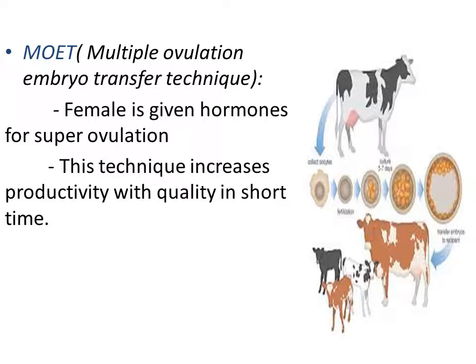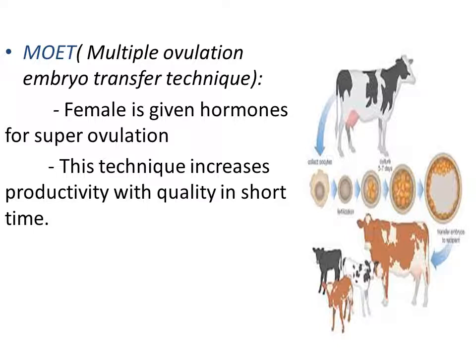Instead of forming one egg, because of the super ovulation the animal produces 6 to 8 eggs, and after the embryo formation they are all recovered and transferred into surrogate mothers. So nearly 7 to 8 surrogate mothers receive those embryos. Because of this, within a short period of time, the number of animals can be increased.